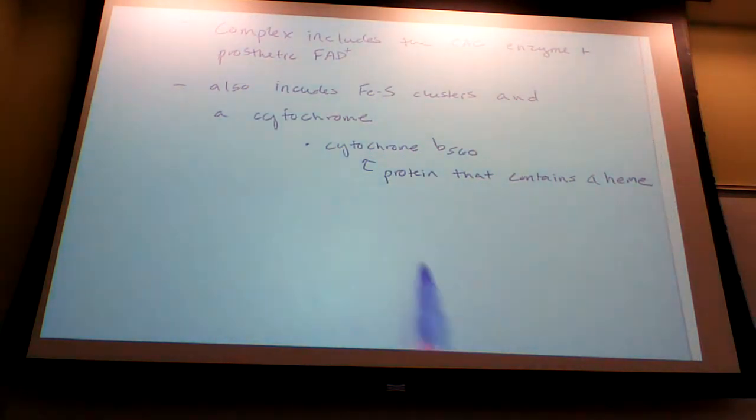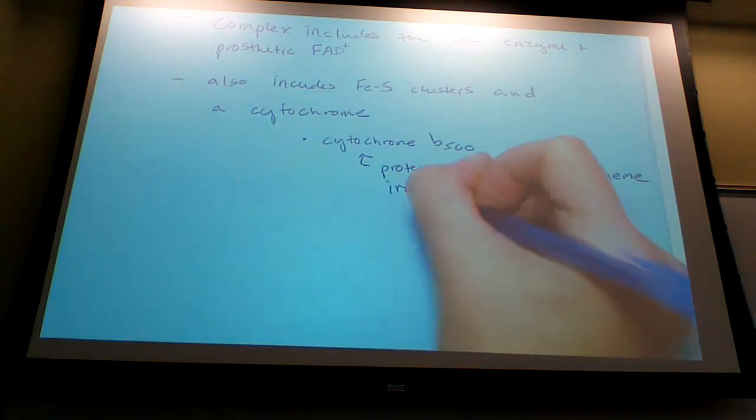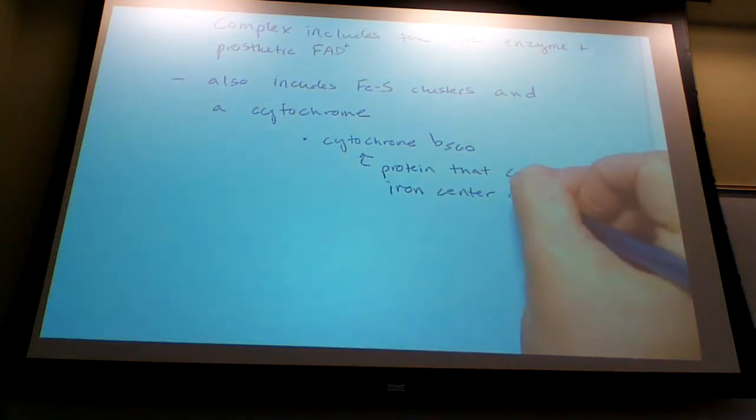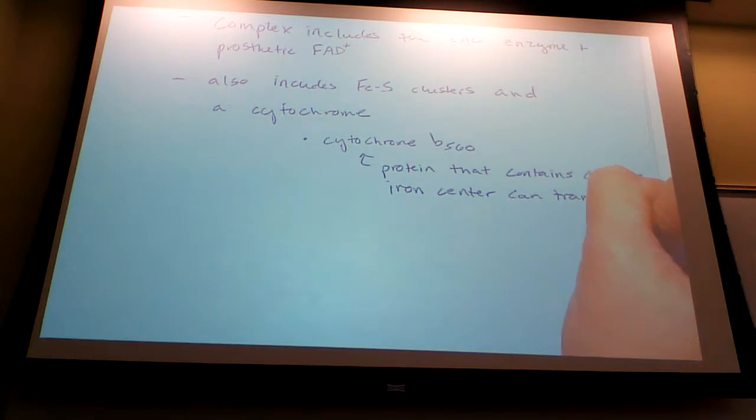Okay. What is it in hemes that can accept electrons? Iron. Okay. So there's an iron center that can transfer electrons as needed.